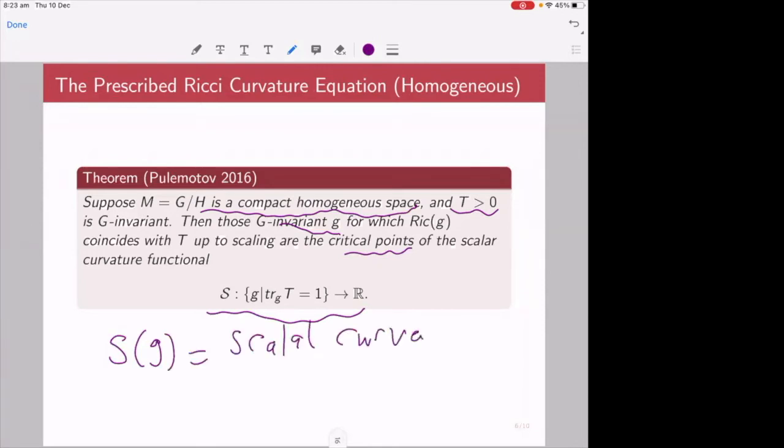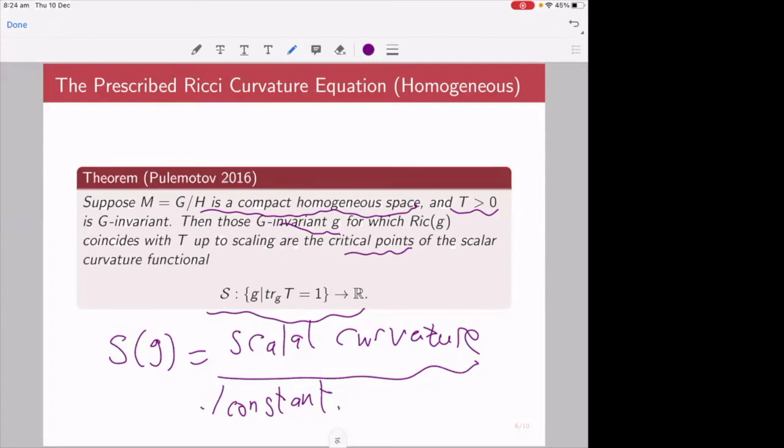Now, in general, this is not going to be a functional. This is just going to be another function on the manifold. But of course, in the invariant setting, scalar curvature is constant. So it makes sense to interpret this as a functional. Now, you may be quite aware that the Einstein metrics are critical points of the total scalar curvature functional, subject to the constraint that the volume of these metrics ought to be 1.